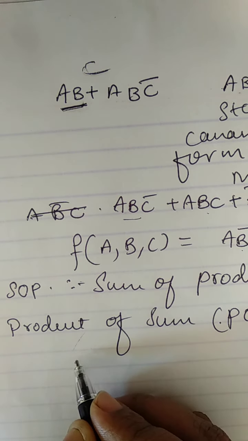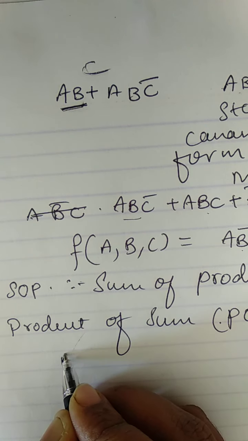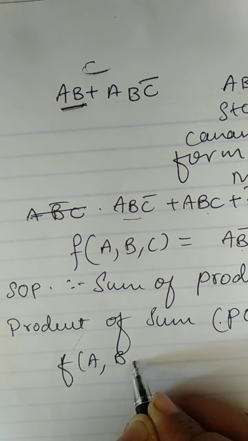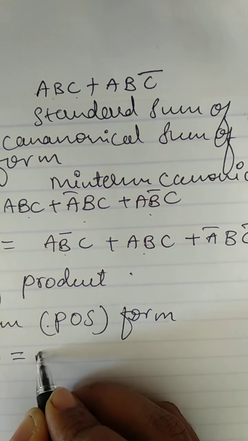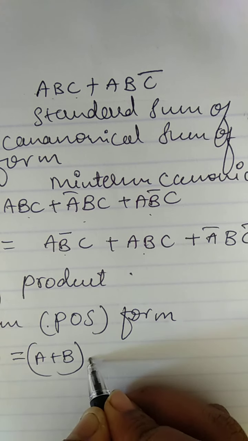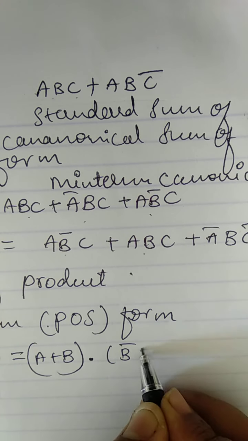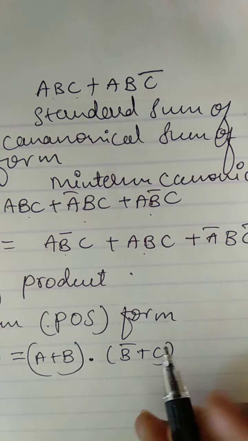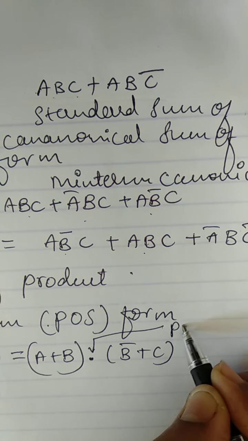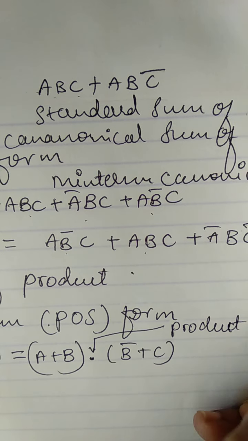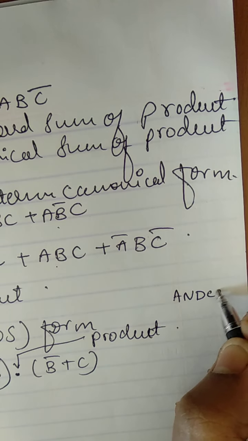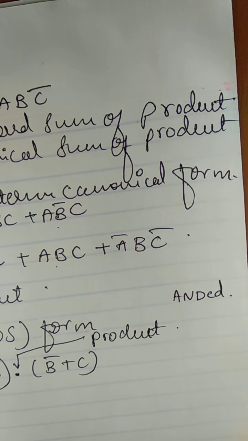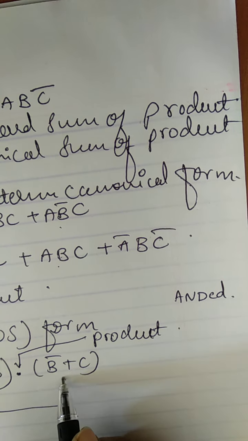SOP, what we have studied, is a group of products summed together, whereas the product of sum is a group of sums ANDed together. For example, f of a, b, c is equal to a plus b into b bar plus c. So this is a product, ANDed, not ended, okay? ANDed. And these are sum terms.